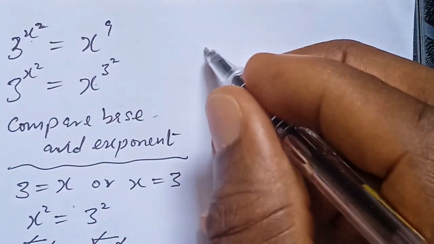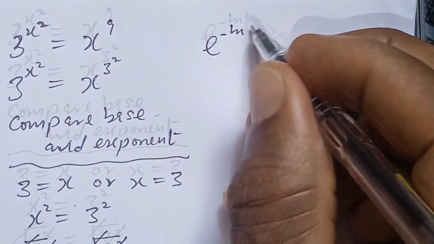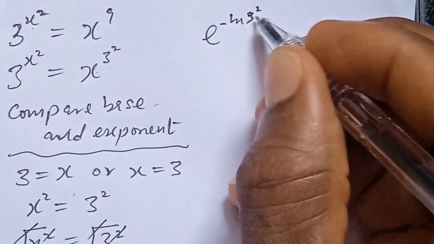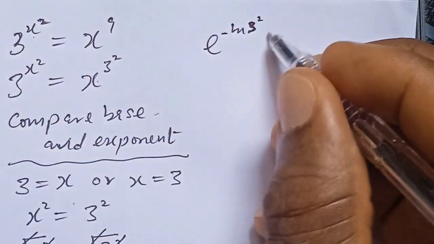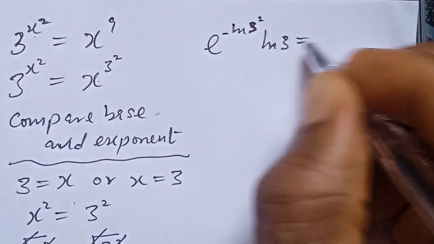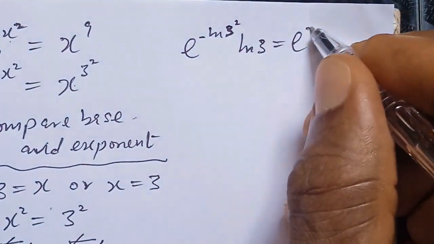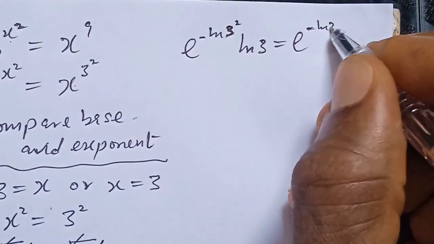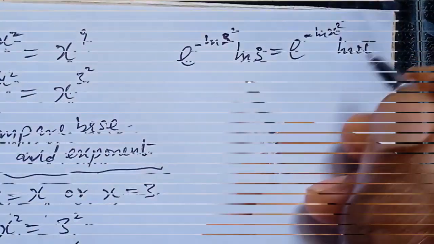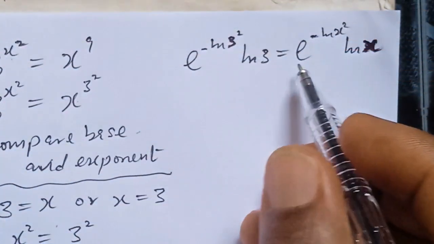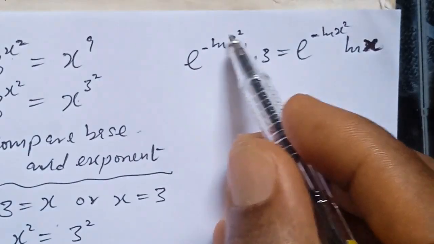Now let's write that as e to the power of natural log of 3 to the power of natural log of 3 squared, then natural log of 3, equal to e to the power of minus natural log of x squared, then natural log of x. From this expression, this exponent can also come down. Likewise, this will come down.